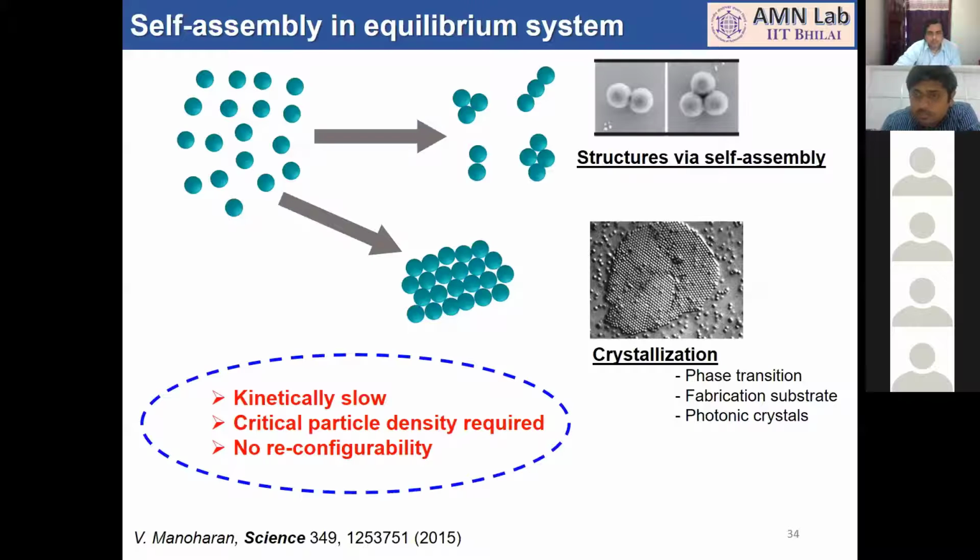Second, it needs a critical particle density. If you want to form a colloidal crystal, you must have at least 50% particle density in the system, otherwise nothing will happen. Another important problem is that there is no reconfigurability. If you form some structure like this or this, you cannot go back to change it.